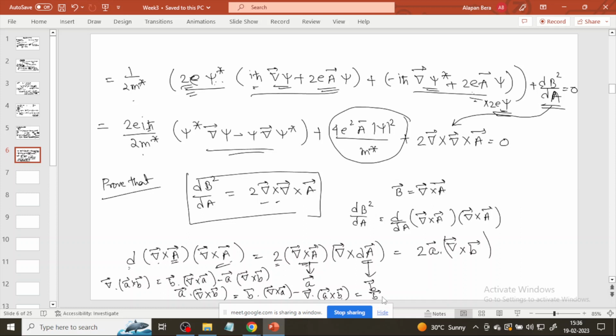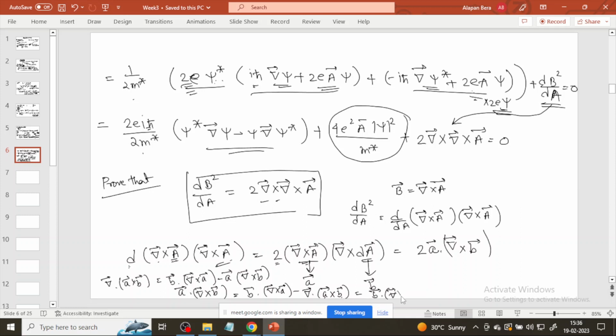So B dot curl of A minus divergence of, in the place of A we write back the original term that we considered, minus small a. So in the place of small a we put this term again, and in the place of B we also put back this term.